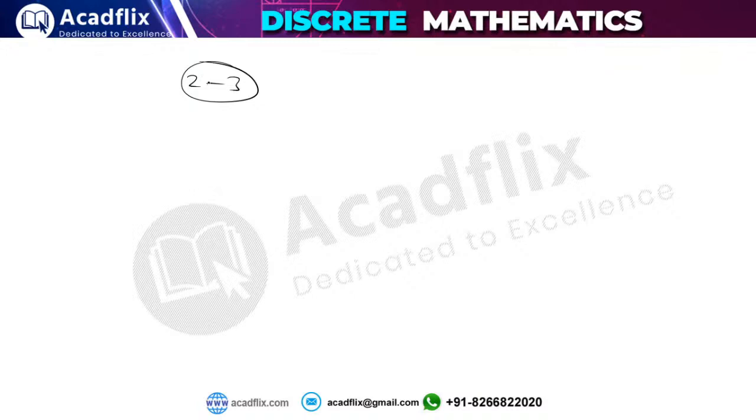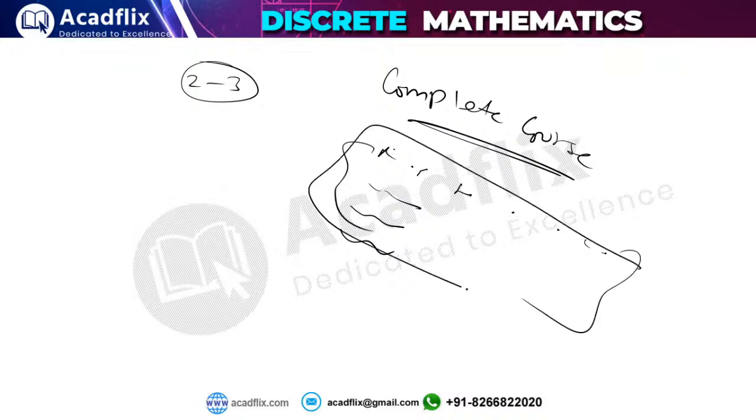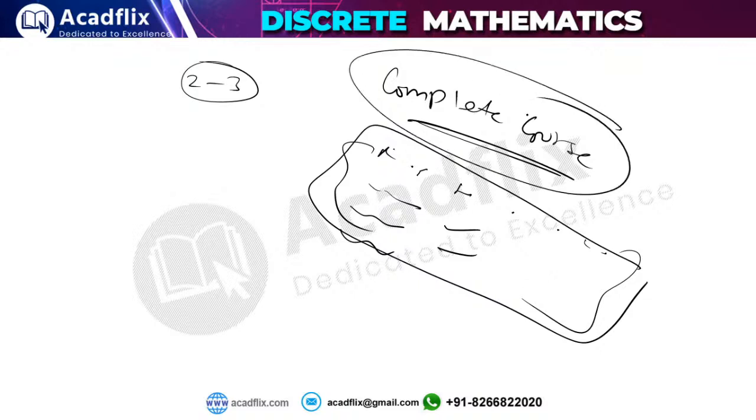But in the complete course we will have enough time, and every concept we will study in a detailed manner: ring, field, homomorphism, isomorphism, cyclic group, Lagrange theorem, mathematical logic, relations, combinatorics, poset theory, lattice theory, everything in a very, very detailed manner.